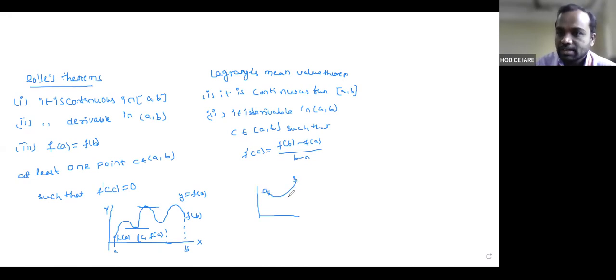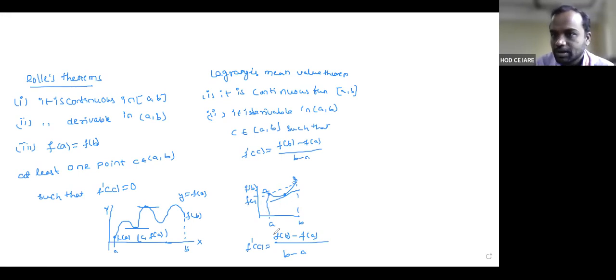We have a tangent which is parallel to the chord of the curve, at the tangent point.